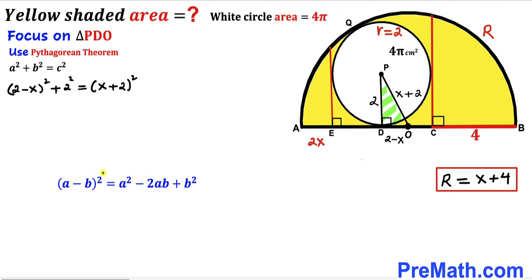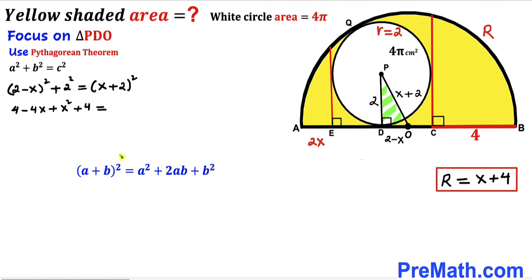And now let's recall this famous identity: a minus b whole square could be written as a square minus 2ab plus b square. We are going to apply it on this binomial. So therefore this could be written as 4 minus 4x plus x square, and then the square of 2 is simply 4, equals to.